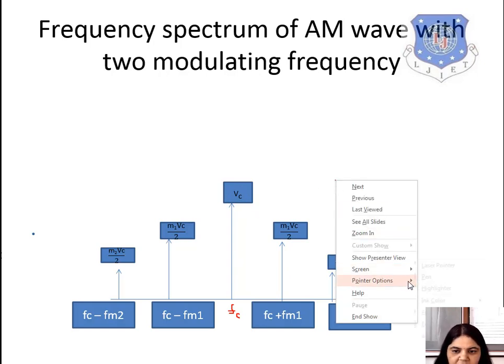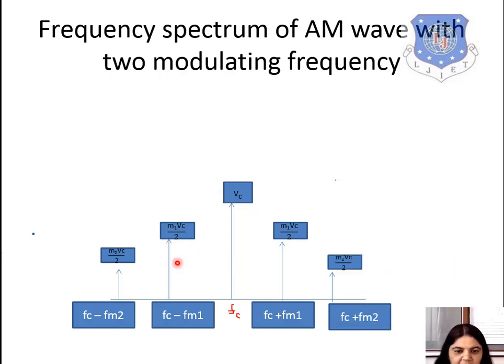This is LSB 1, having amplitude m1 Vc by 2. It is my USB 1, m1 Vc by 2. It is my LSB 2, m2 Vc by 2, and this is fc plus fm2, the USB 2.